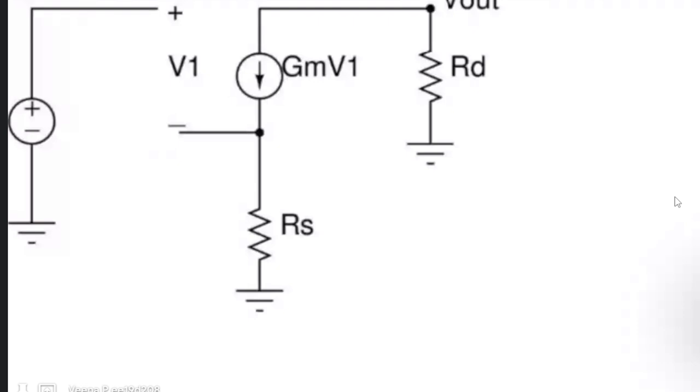Cross multiplying, V out by V in is minus GM RD divided by 1 plus GM RS, which is option A. So you just solve the voltages across both these resistances, and you get the equation which connects V out and V in.